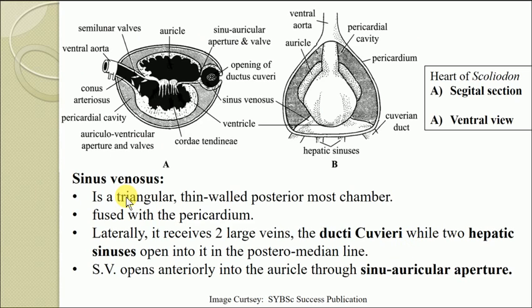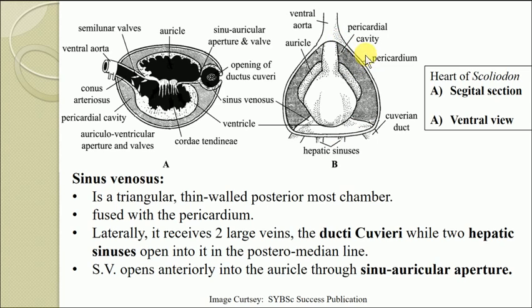First of all, the sinus venosus. Now this sinus venosus is somewhat triangular. See here in this diagram, you can see it is a somewhat triangular shaped chamber. It is thin walled and the posterior most chamber. So if you see this pericardial cavity which contains the heart, the chamber known as the sinus venosus is located at the posterior most part of the heart, extended transversely and lying at the base of the pericardial cavity.